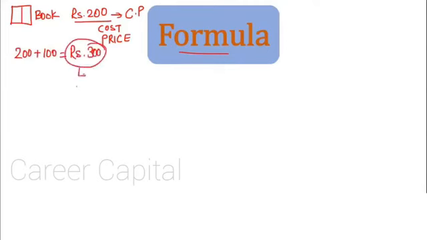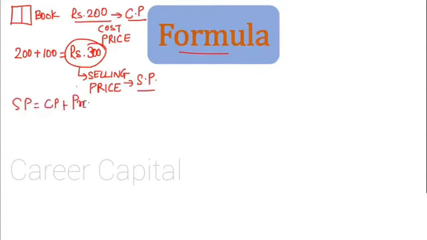So this becomes the selling price of the book. From here onwards we are going to call cost price as CP and the selling price would be denoted as SP. So selling price is nothing but cost price plus the profit which you want in rupees.